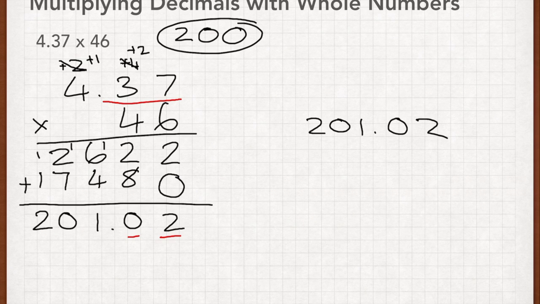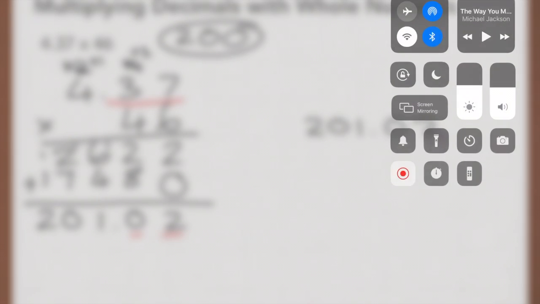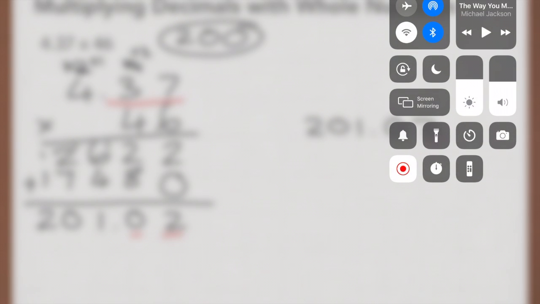If you were to put your decimal over here and therefore only having 1 decimal place, your answer would be 2010.2. Once again, very far away from 200. So as you can see, the estimate just helps you to ensure that you've put your decimal in the correct place.